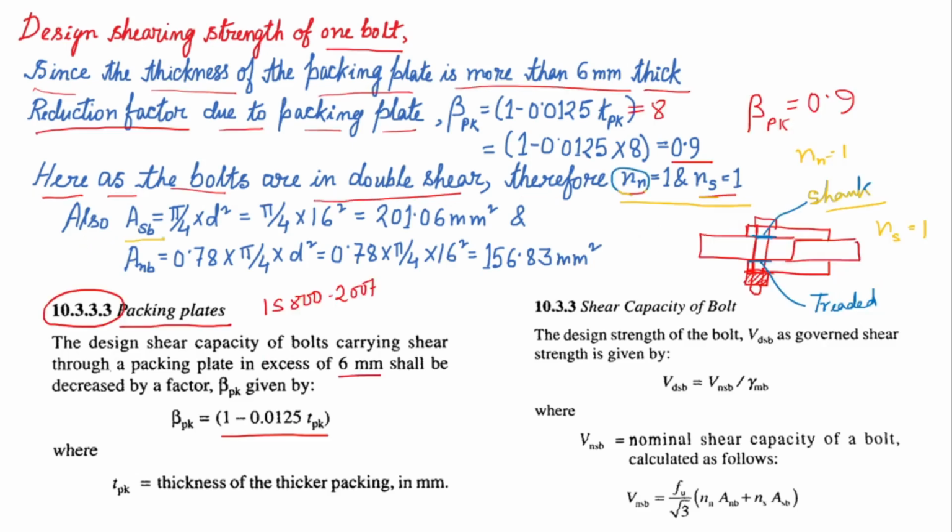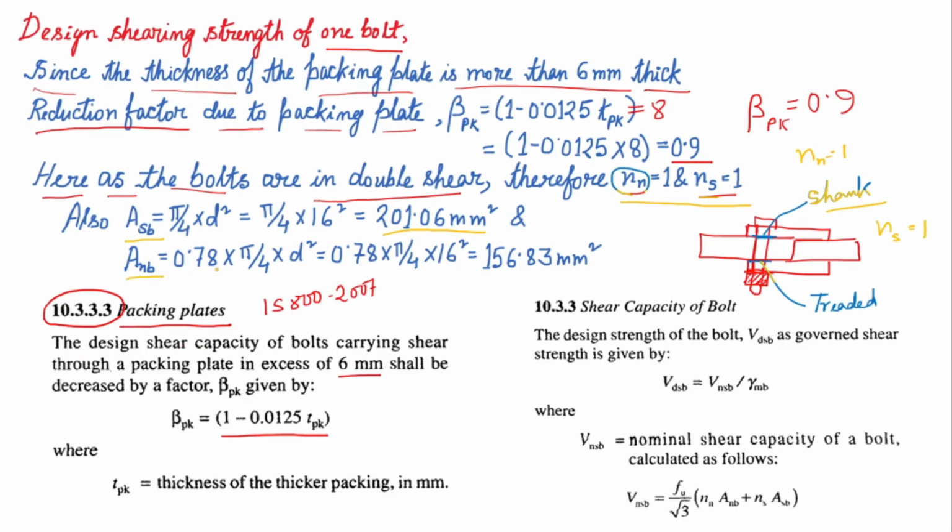Also Asb means area of the shank portion, pi by 4 d square, where d is the diameter of the bolt. So it is calculated as 201.06 mm square. Then Anb, it is the cross sectional area of the threaded portion.